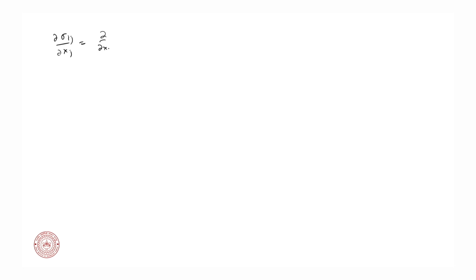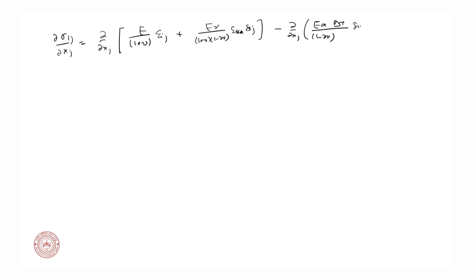So, del by del xj of E over 1 plus nu epsilon ij plus E nu over 1 plus nu, 1 minus 2 nu of epsilon kk delta ij, minus del by del xj of E alpha delta T over 1 minus 2 nu delta ij. Alright, that makes sense.